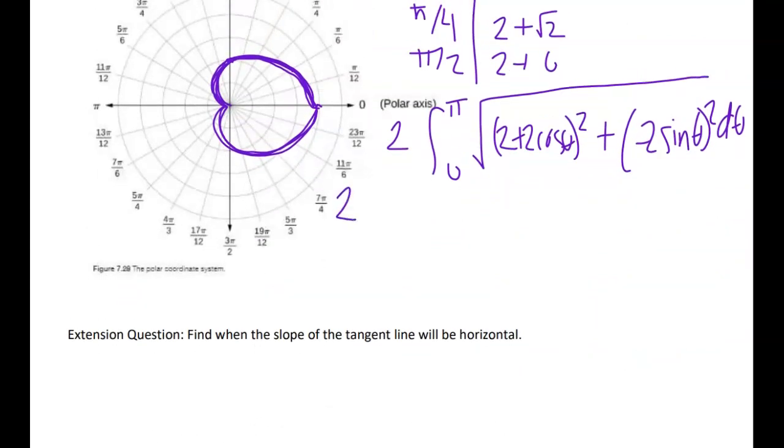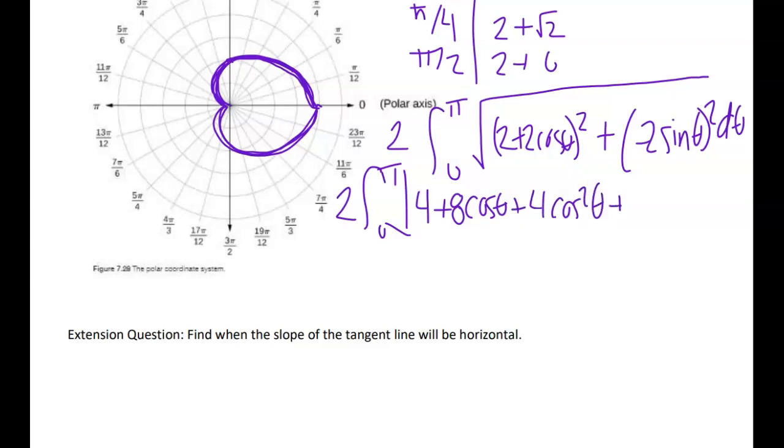So I'm going to have 2 integral from 0 to pi. Inside this square root, I have 4 plus 8 cosine theta plus 4 cosine squared theta. Over here, I end up getting plus 4 sine squared theta.